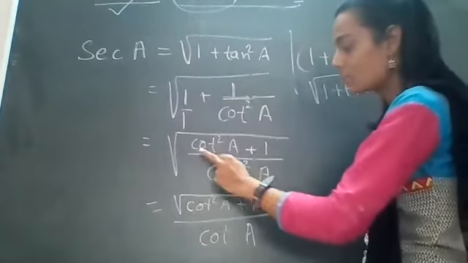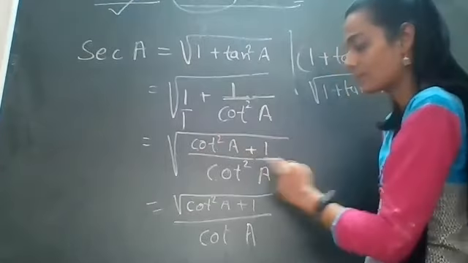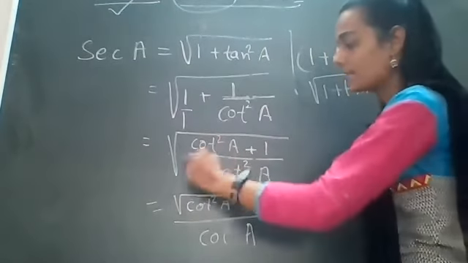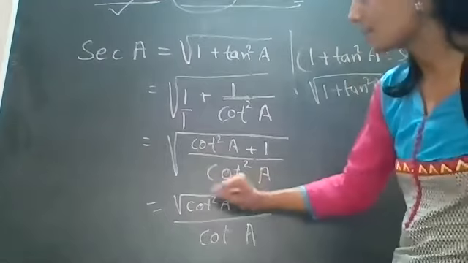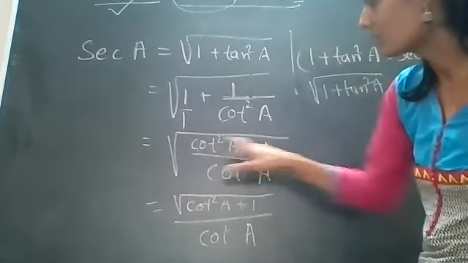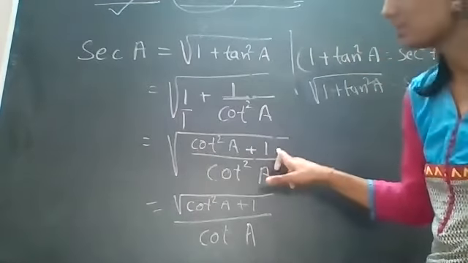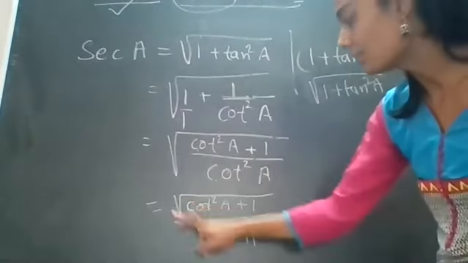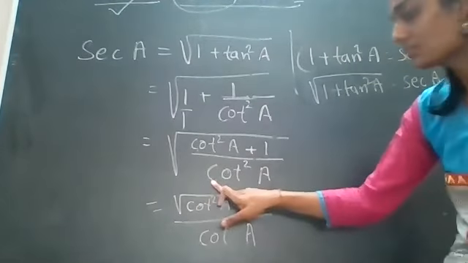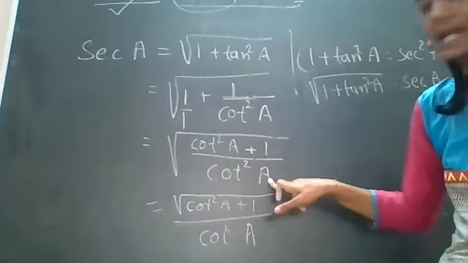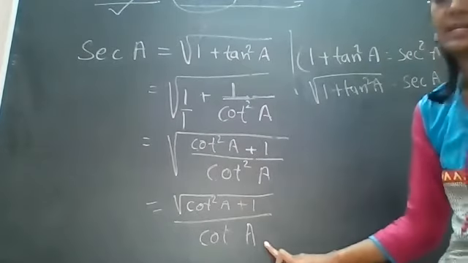Okay, so we got cot square A plus 1 upon cot square A, that will become a whole under root. Now we are separating it. Here if we take out the square root of this one, it is not possible. So we are writing it as under root of cot square A plus 1. Here we can take out the square root of cot square A. Right? That is only cot A.